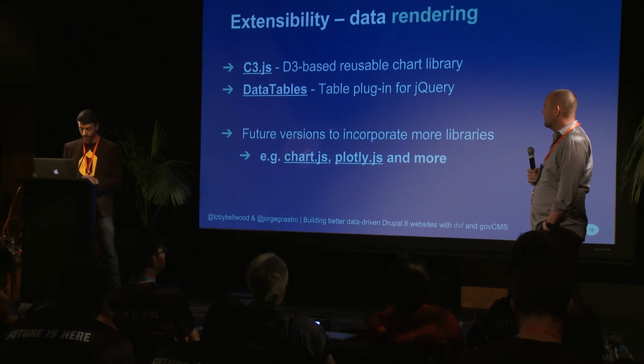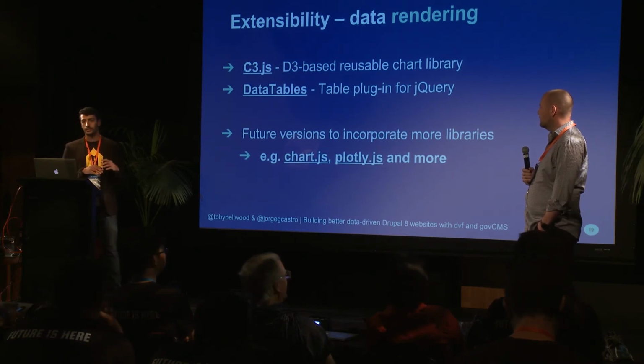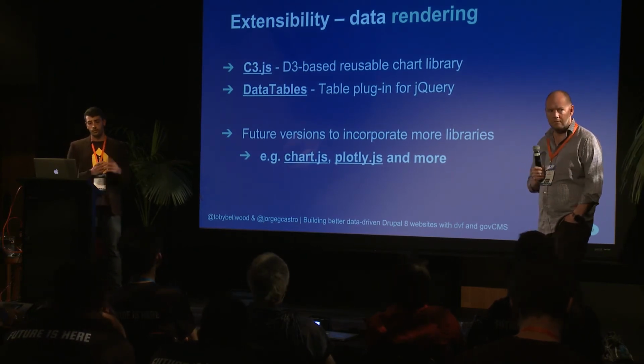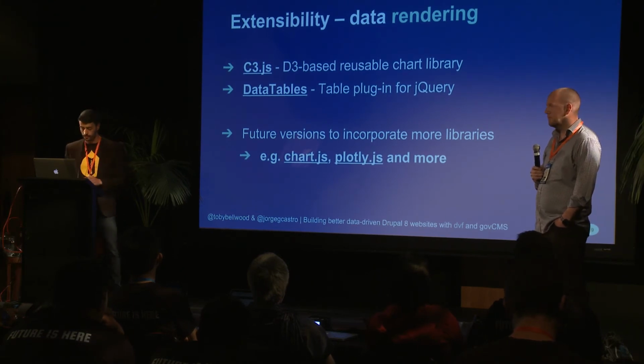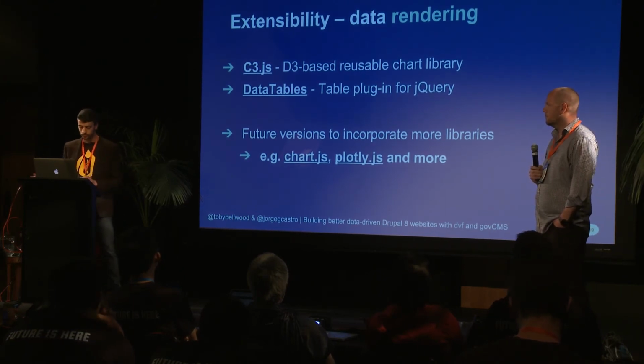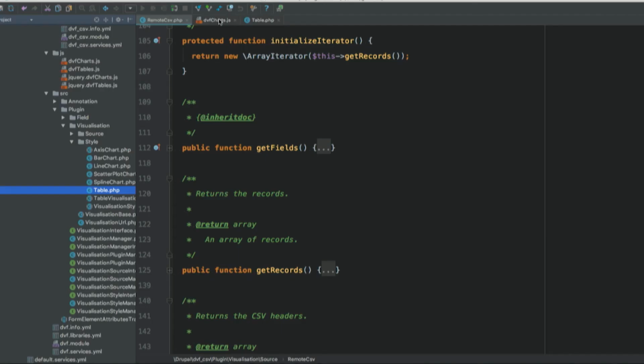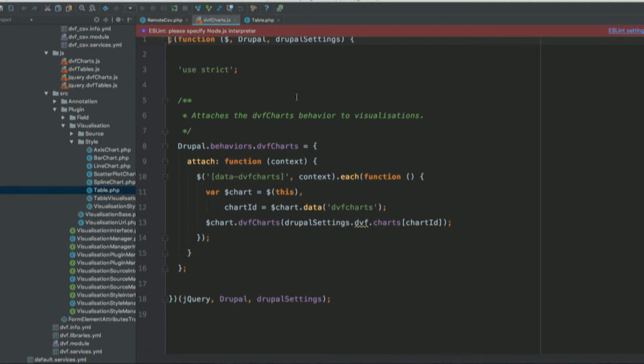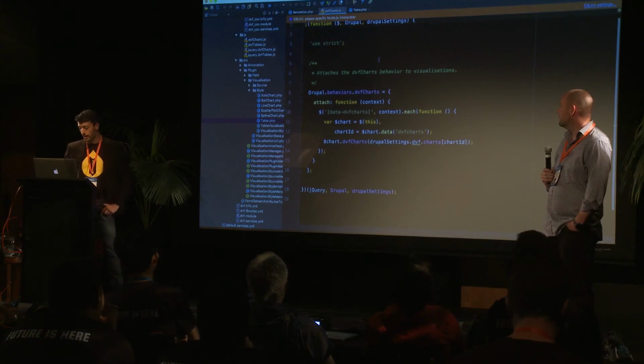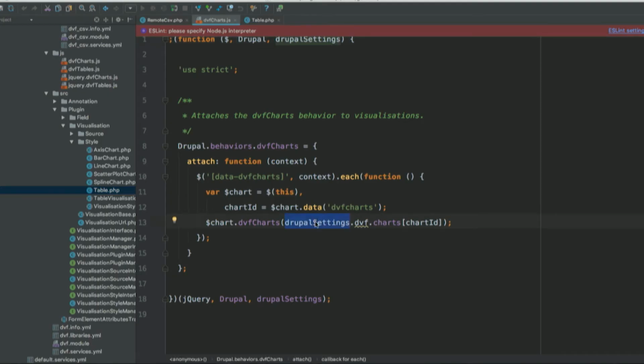I'm just going to show you as well a quick example of how we get the settings from Drupal to the front end into the visualization libraries. So this is basically it. It's a Drupal behavior. For those of you familiar with JavaScript in Drupal, all it is is a whole bunch of settings that Drupal is spitting out and making available to JavaScript.